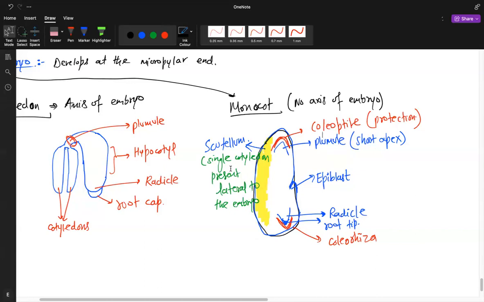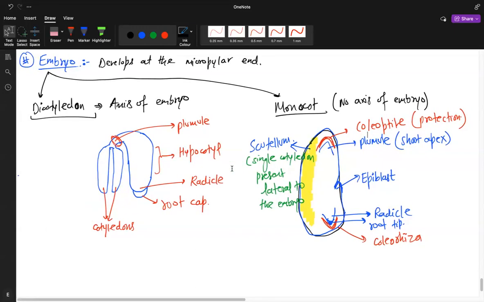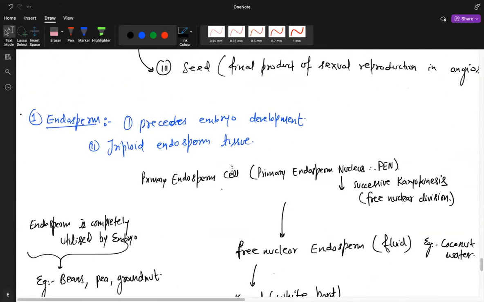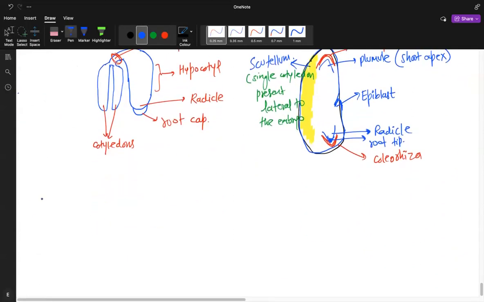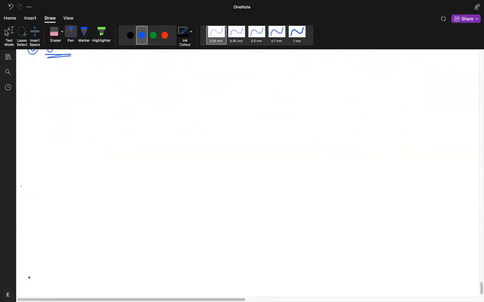Perfect. Now let's talk about seed. The endosperm and embryo together are present in this structure called the seed. The seed is the final product of sexual reproduction in plants. The special thing about a seed is that in angiosperms, it is produced inside fruits.